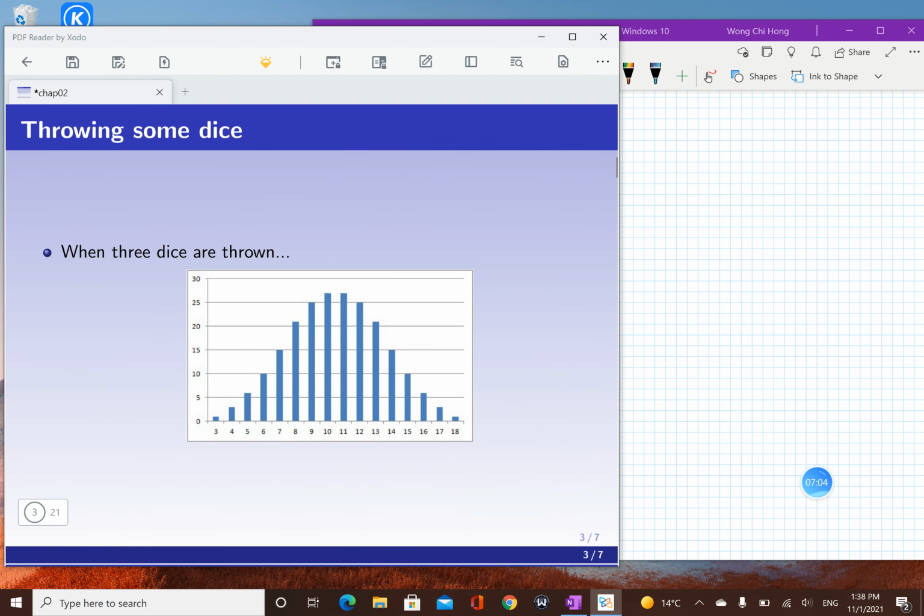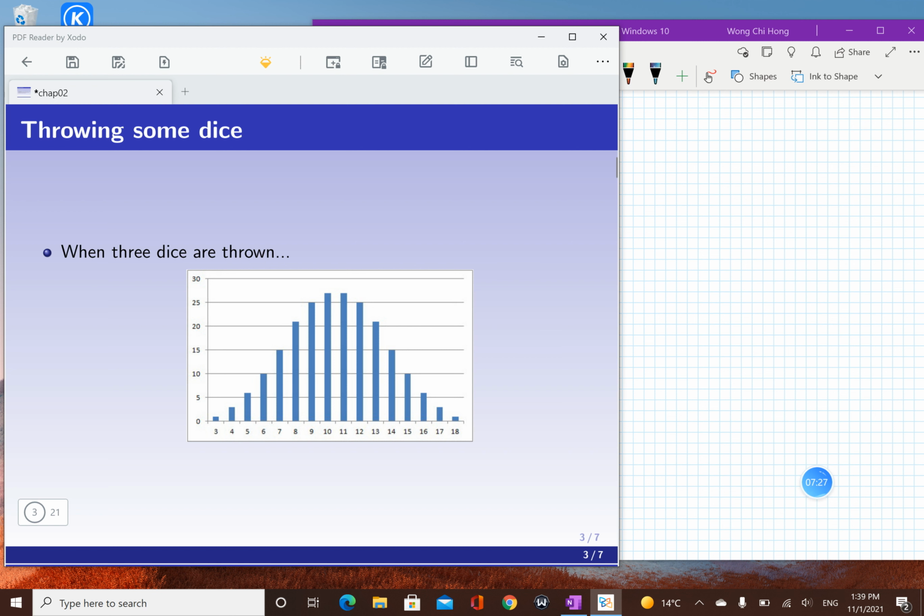On the other hand, if you are throwing three dice, a typical casino game, the total of these numbers goes all the way from 3 to 18, and of course you've got all sorts of combinations, and the distribution is given by this little graph here.